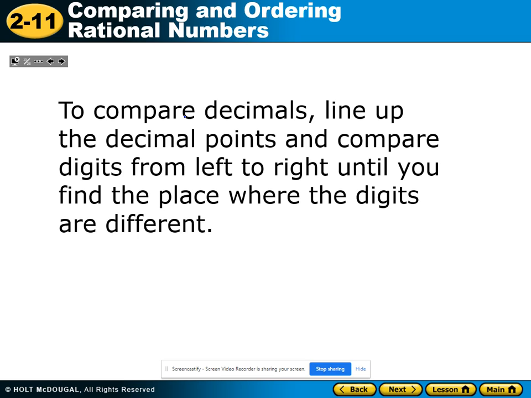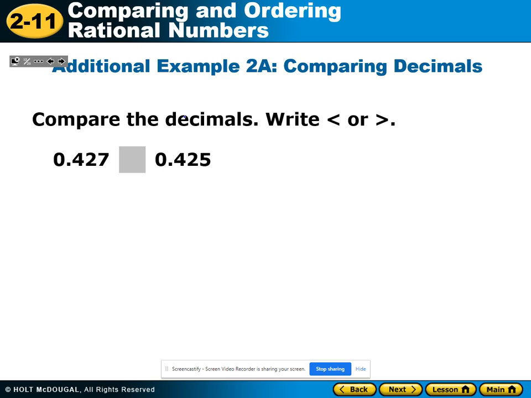Now, to compare decimals, line up the decimal points and compare digits from left to right until you find the place where the digits are different. All right, I say it a little bit different way. Line them up. I'm going to move this one real quick. 0.425. Now, Lily, once we line up those decimals, we can just treat this like two numbers. 427. 425.